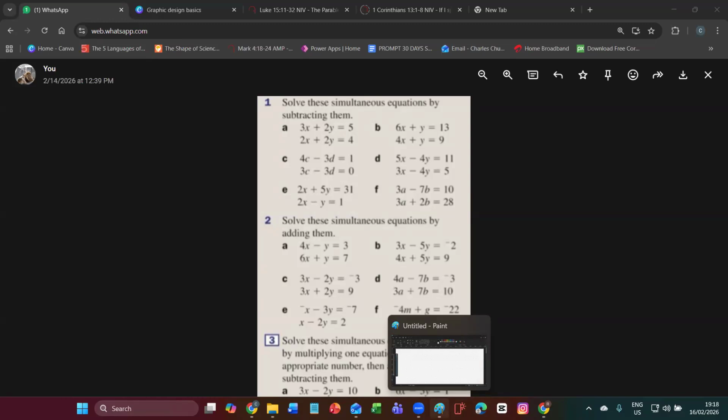So I'm going to write those two equations down. The first one says 3x plus 2y equals 5.